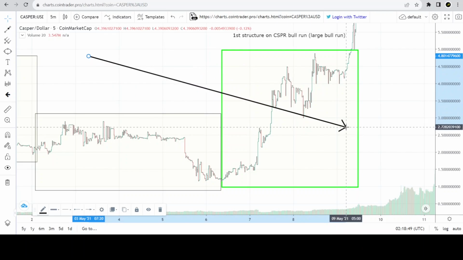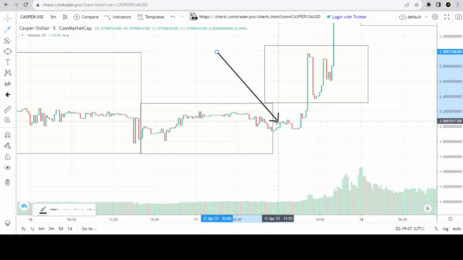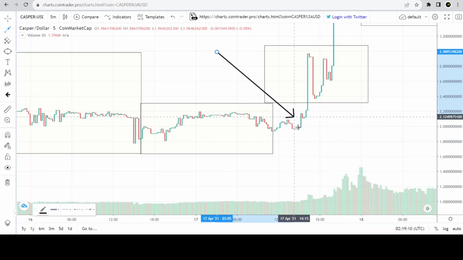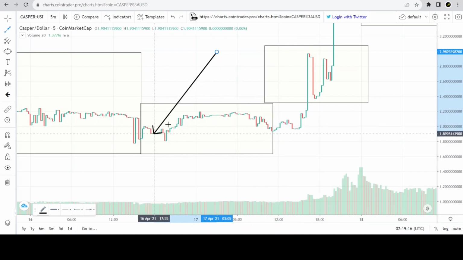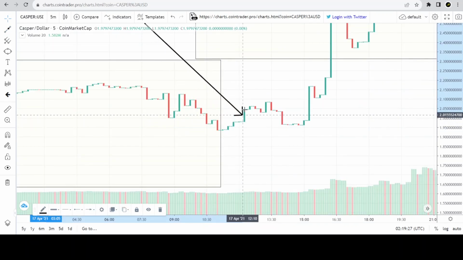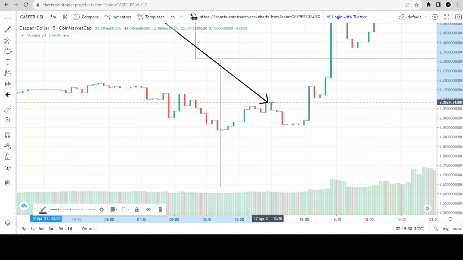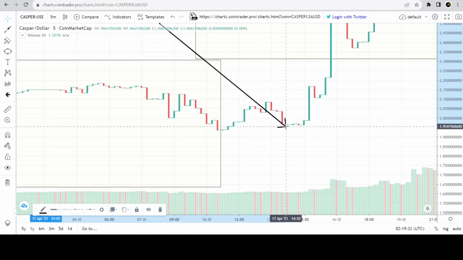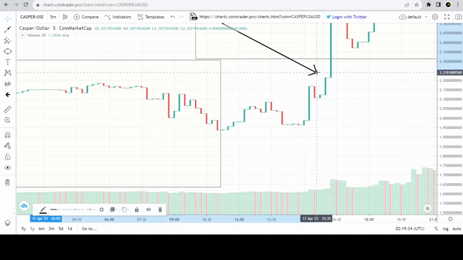Why do I say that? Well, if we go back further to the second bull run that took place, this whole structure right here plays out in a very, very short time. It's very difficult to see. Here is that bounce. Here we are zoomed in. Here's that first level, here's the second level, and the third, and this one comes crashing back down, goes flat before moving back up.